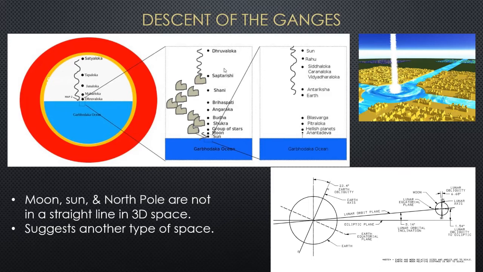So if we say that the water is falling from the moon to the sun and then down to Earth to the center of Mount Meru, it would somehow have to go from the sun to the moon to the side, and then it would have to jump from 23.4 degrees to 28, 29 degrees, and then it would have to jump to 90 degrees from the Earth's equatorial plane, which makes no sense because this is not a straight line.